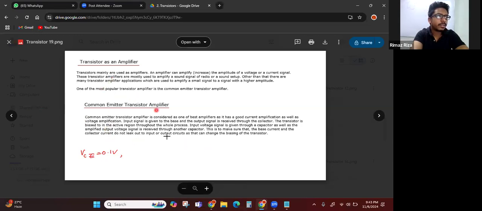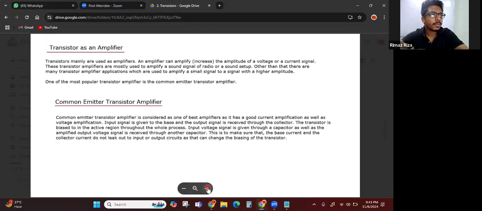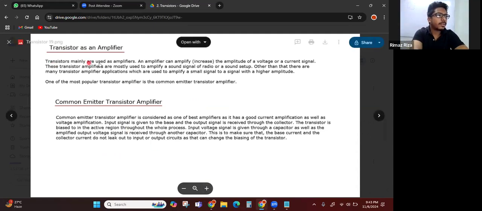Okay, and then transistor as an amplifier. Write down the topic, transistor as an amplifier. Transistors are mainly used as amplifiers.